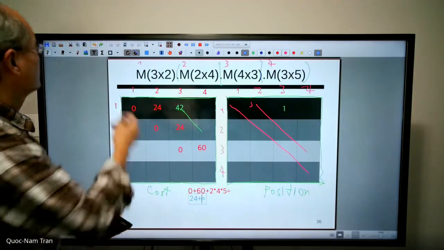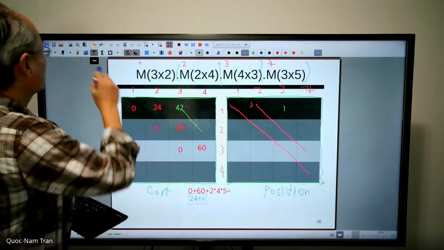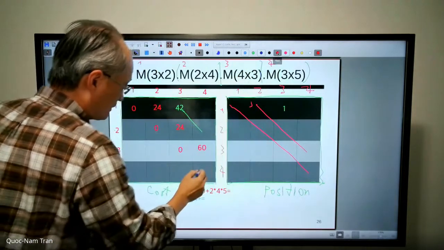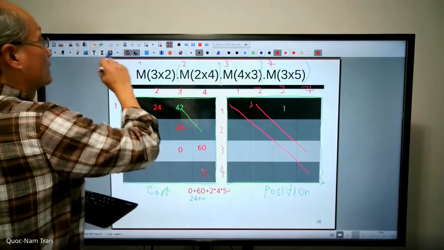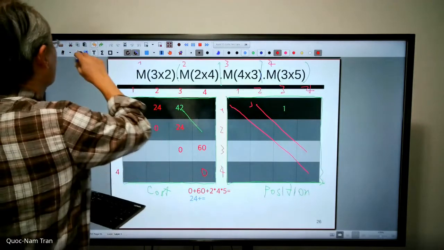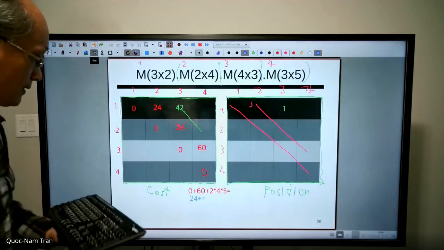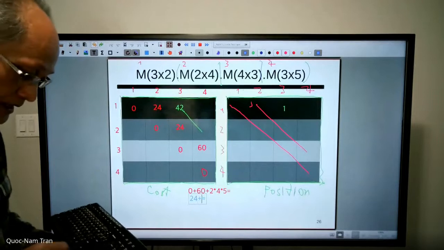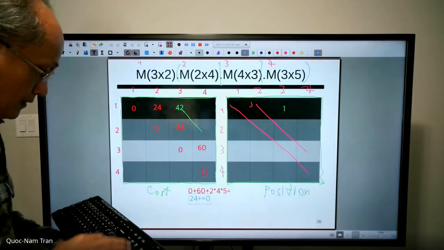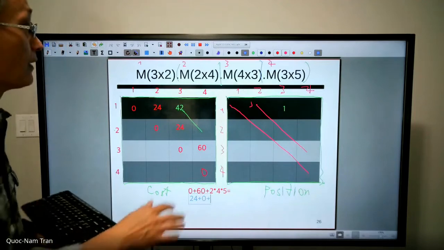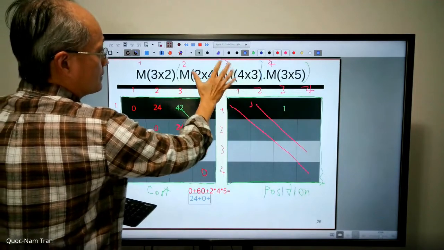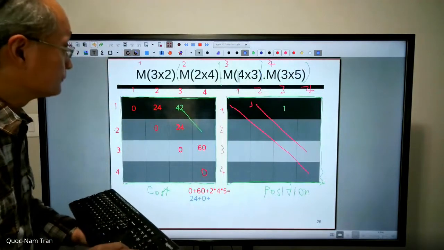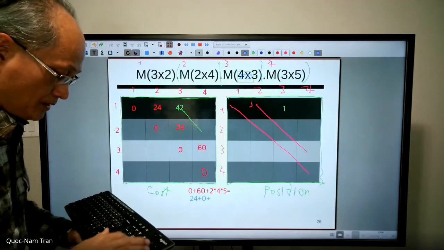So 24 plus 0 and the cost for multiplying the result together. So what are they? The cost for multiplying this result and this will be 2 by 3 by 5.